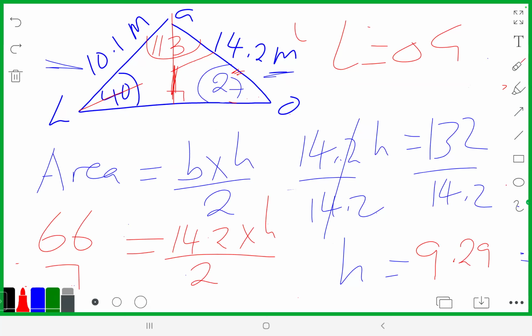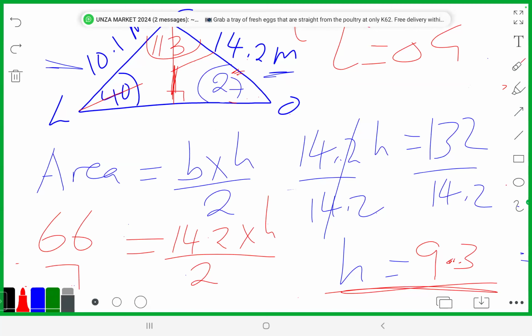So it will be 9.3, right? Now listen carefully. This is supposed to be the shortest distance. If you find that this value of the height is higher than any of the sides on the triangle, just know that you've done the wrong thing. It should be the smallest, because the question says the shortest distance.